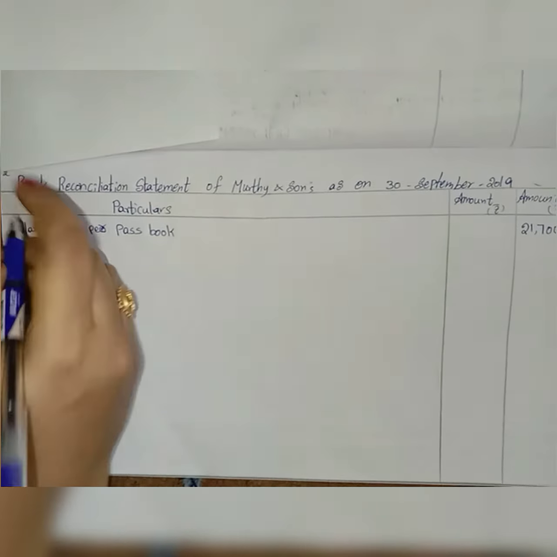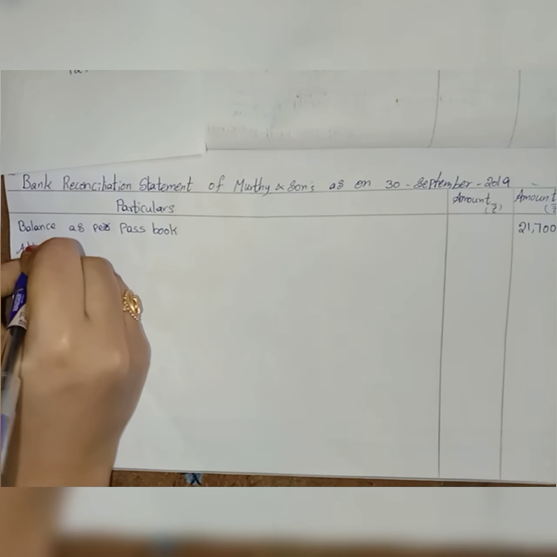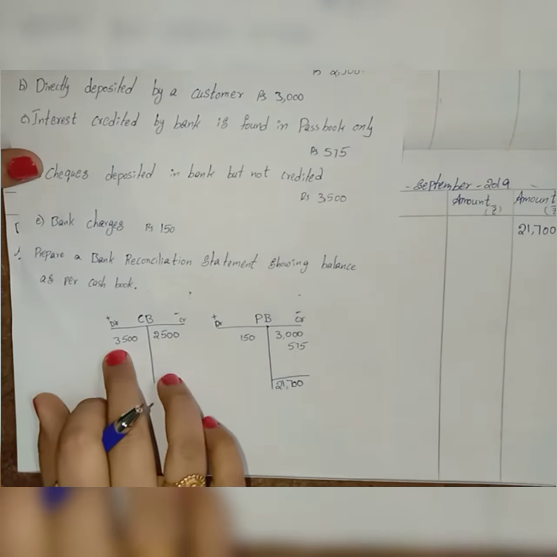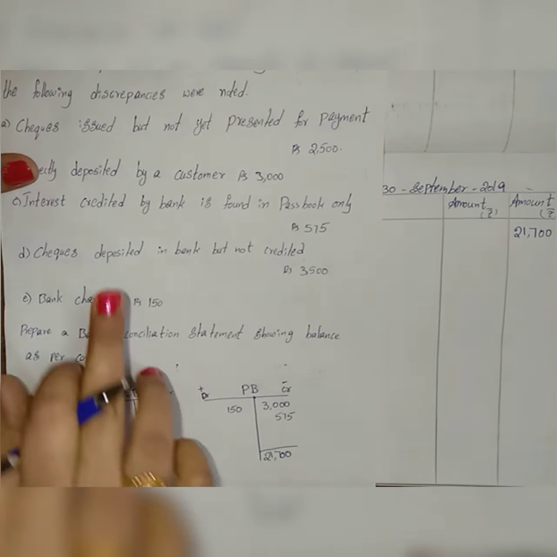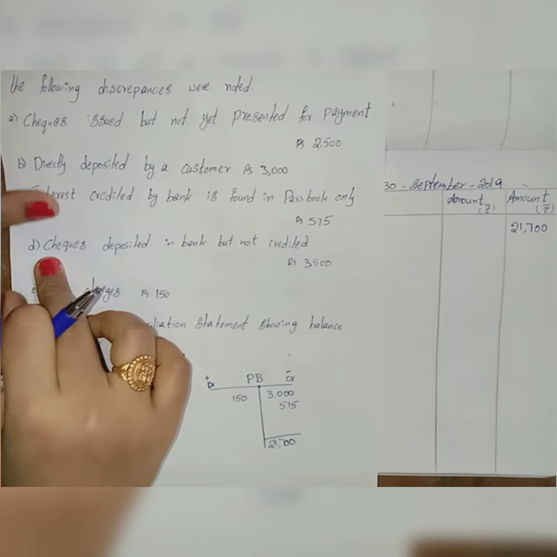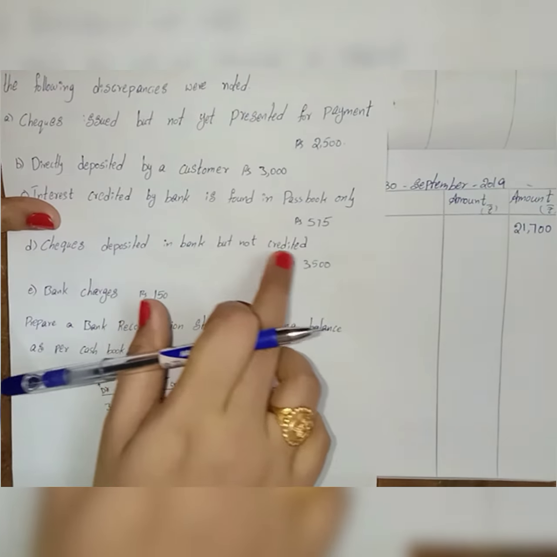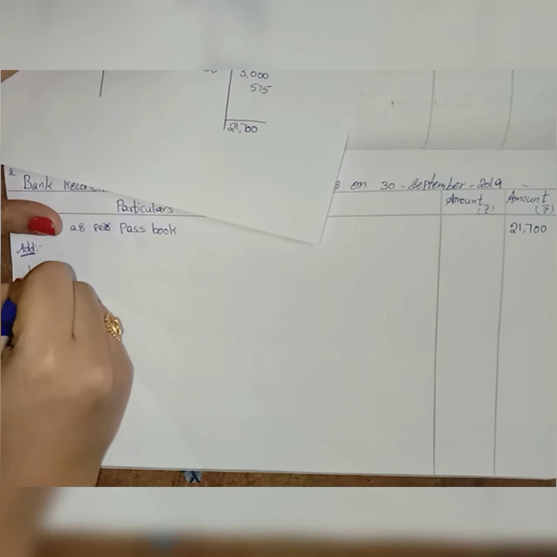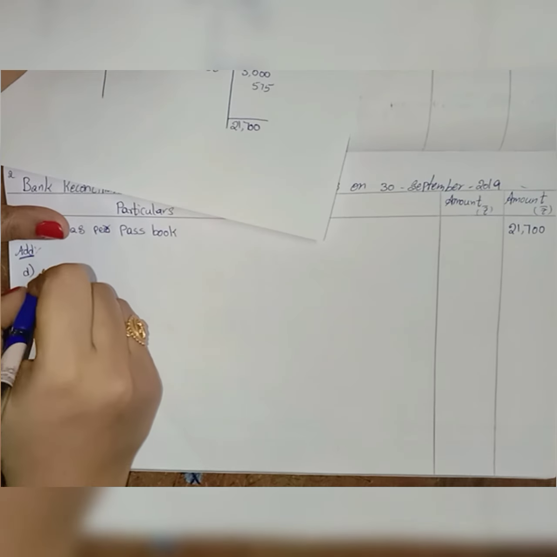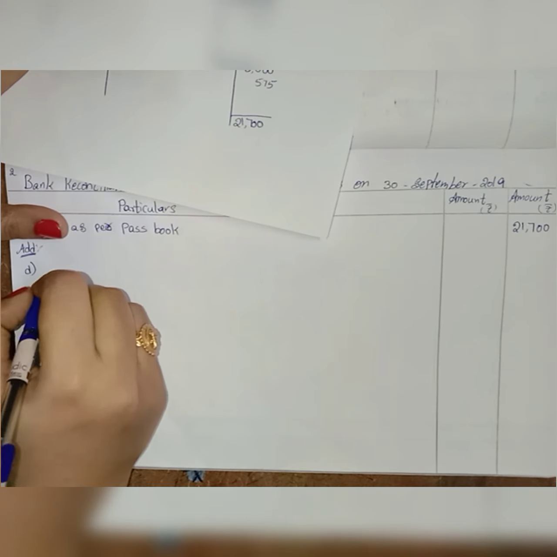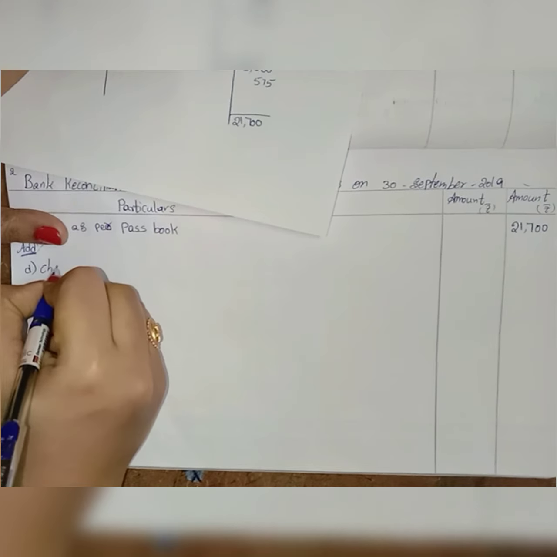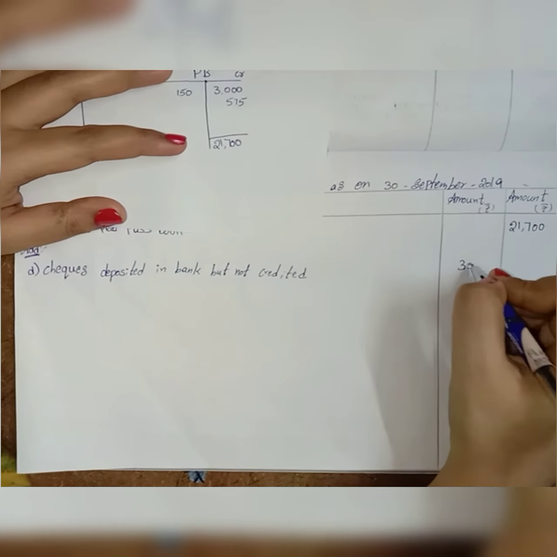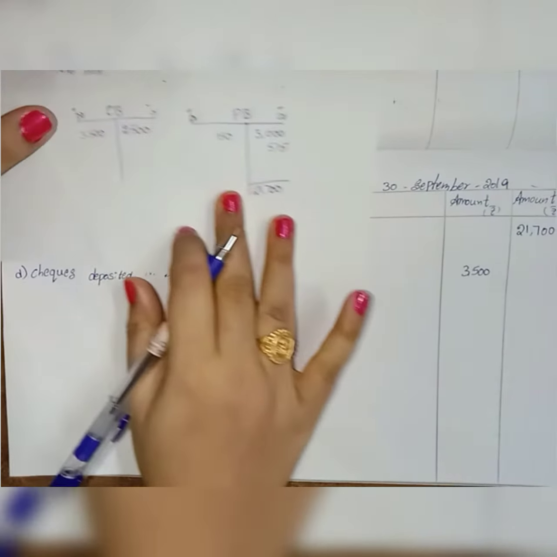And next, add. First, in CB, 3,500. Check deposited in bank but not credited. We have to write D. Checks deposited in bank but not credited, and the amount is 3,500 in the inner column.